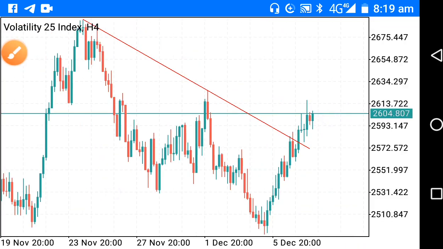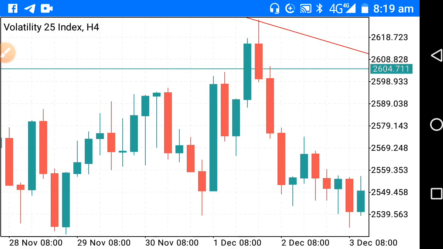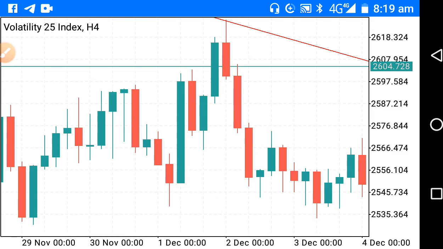If you look at this trend line, it is heading down, so it's a downward trend line. So if you can identify that this is a shooting star on a trend line, then this is the time you execute your sell.